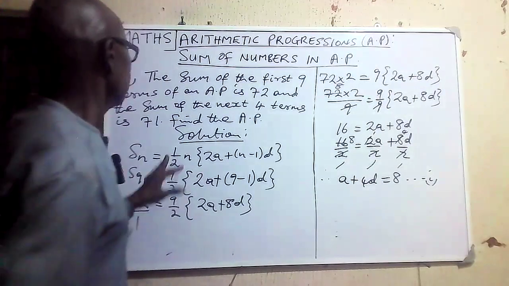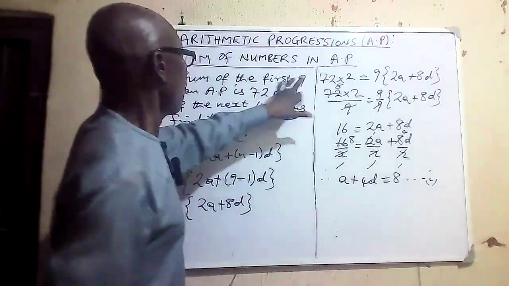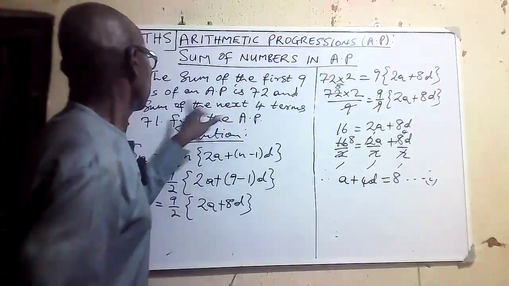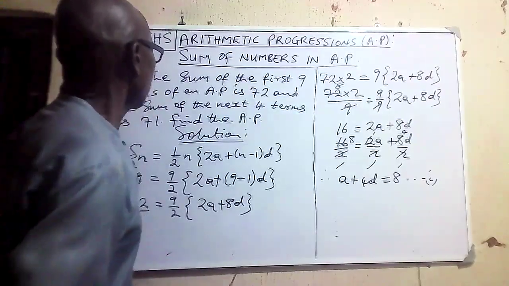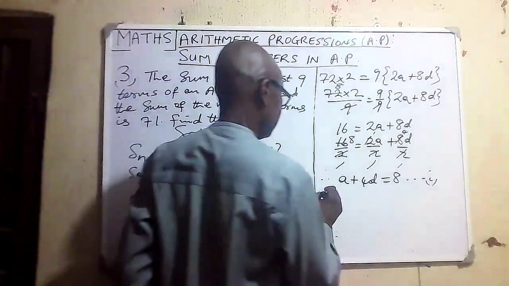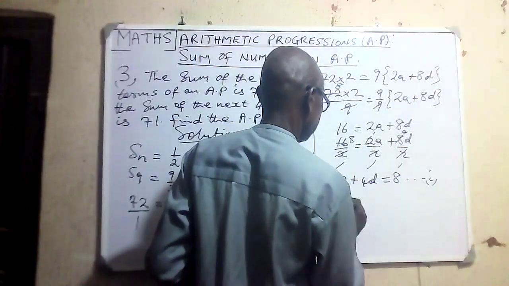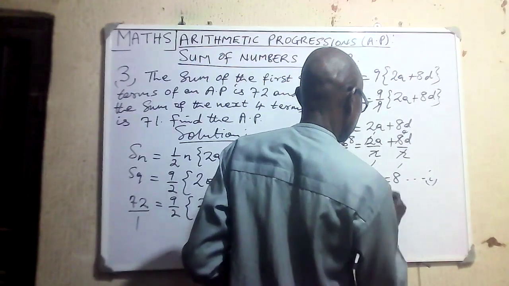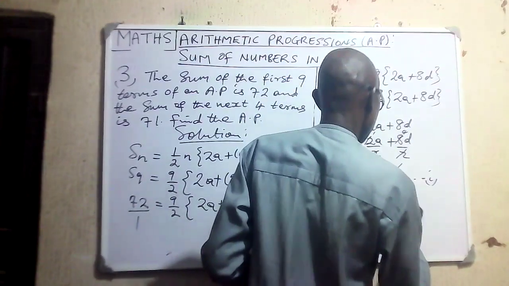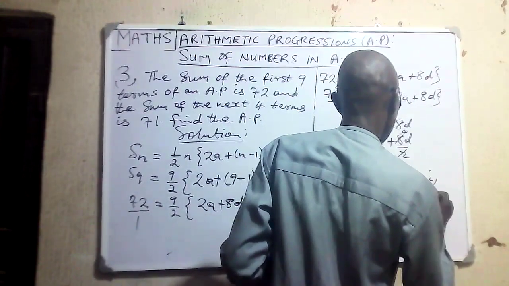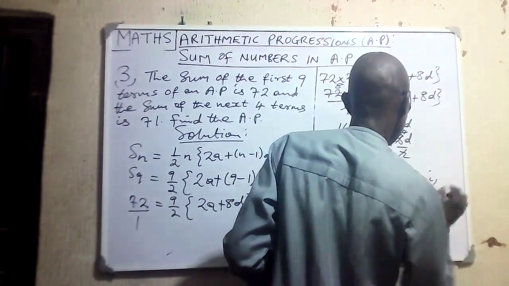That means that if you add 9 to 4, you have 13. And if you add 71 to 72, you have 143. So it means that S13 is equal to 13 over 2 into 2a plus 13 minus 1 d.